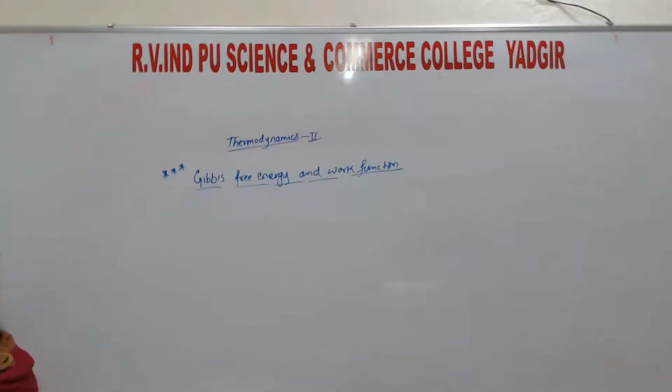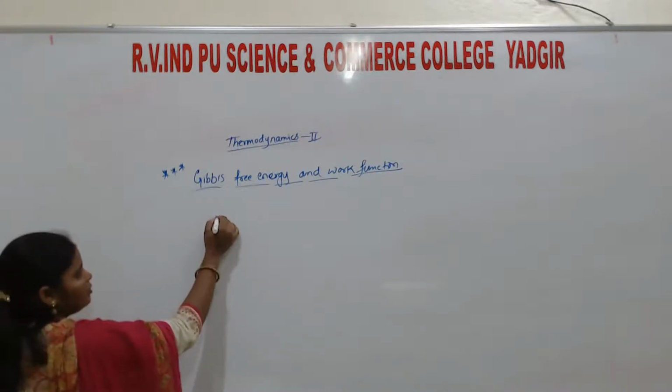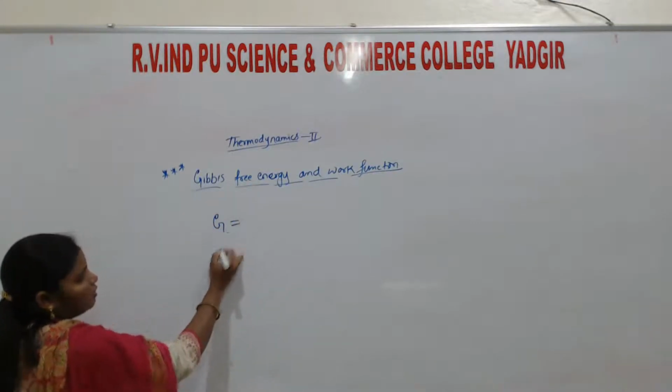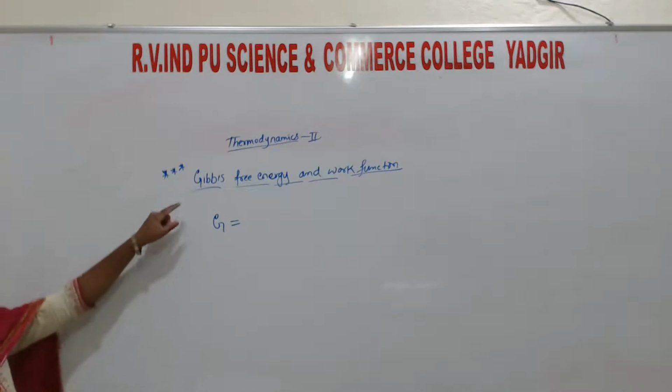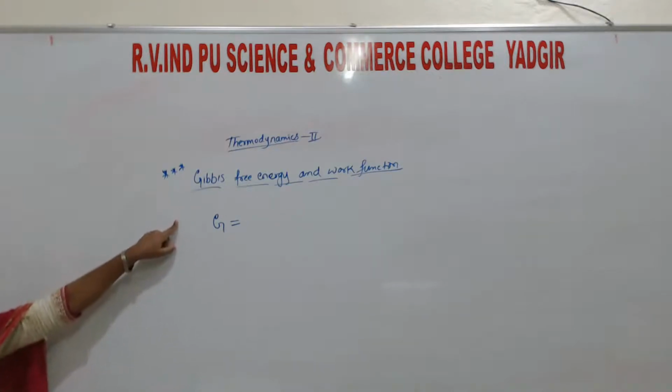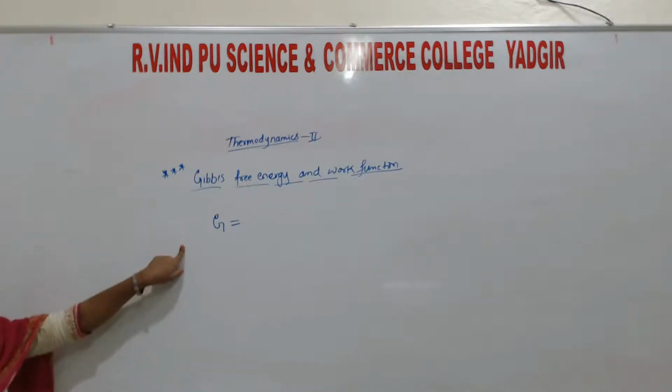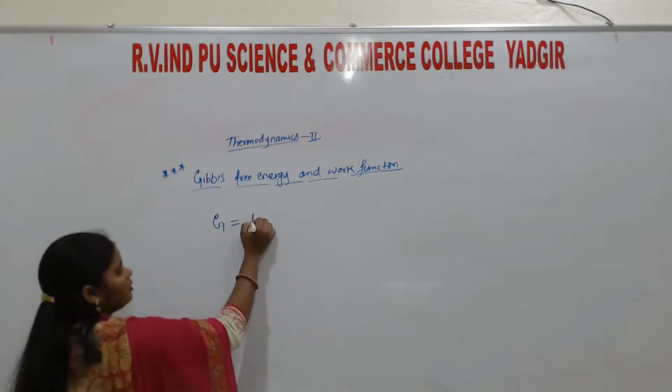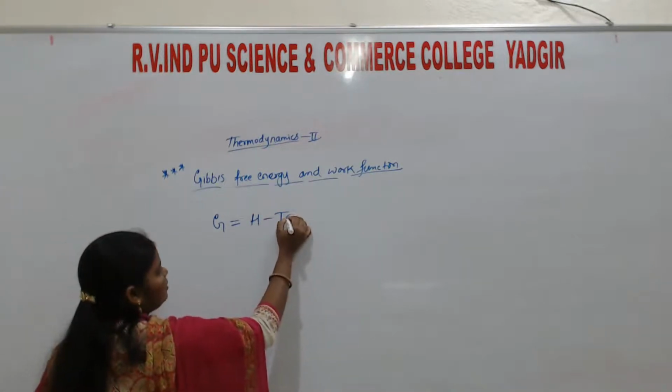Here the free energy can be defined by the formula G equals H minus TS.